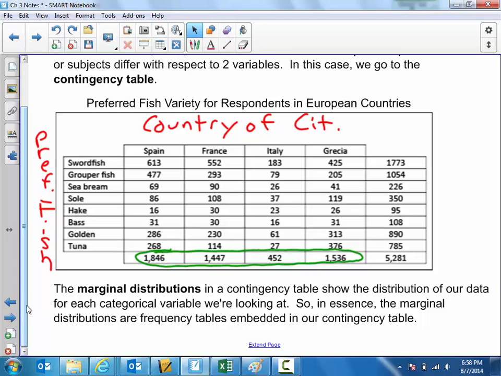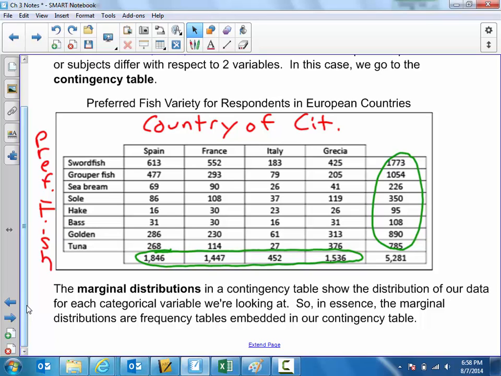With a contingency table, everything that's in the middle, all the data that correspond to 2 data values like bass in Spain, like France and swordfish, that's information from 2 variables, while the first circled 4 numbers is the marginal distribution of the variable country of citizenship, while the second set of 8 circled numbers would be the marginal distribution for the variable preferred fish.